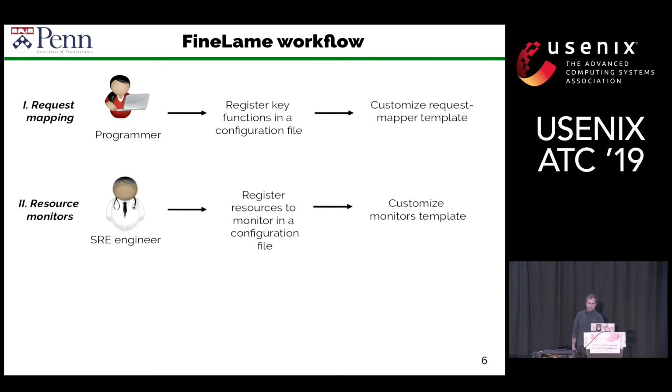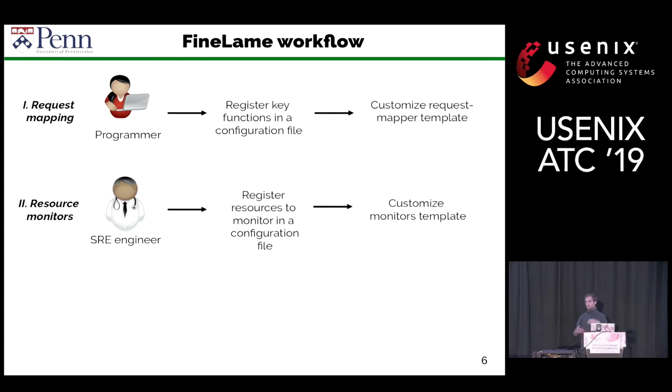The second part, resource monitoring, is handled by our service reliability engineer. He is very good at operating systems and resource monitoring. He knows exactly, for example, that the scheduler context switch function is this and this, and he knows exactly how to measure the CPU time consumed by the previous process from that function.